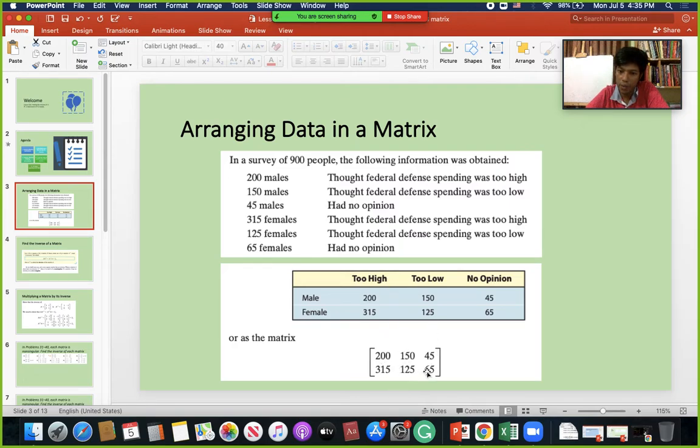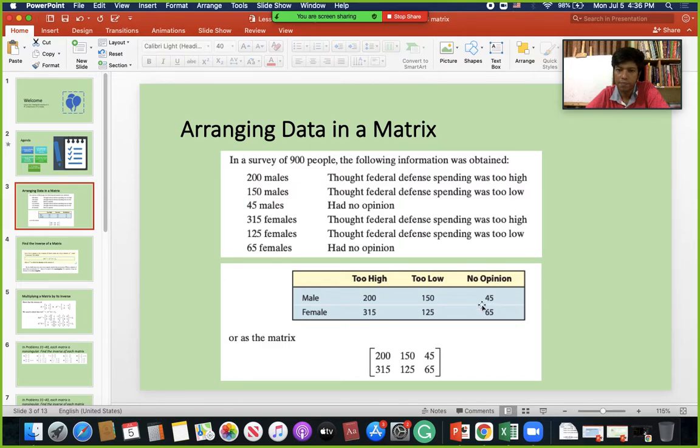When you look at some data, it just looks like some random numbers, but usually it comes from some real life situation. So this is an example: different people, what they think about expense on federal defense.